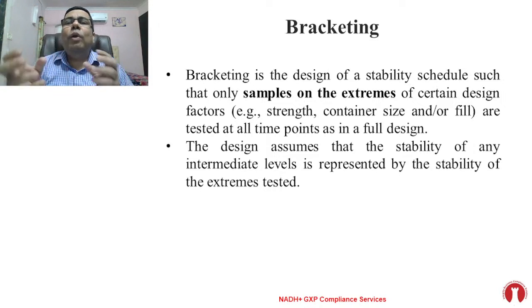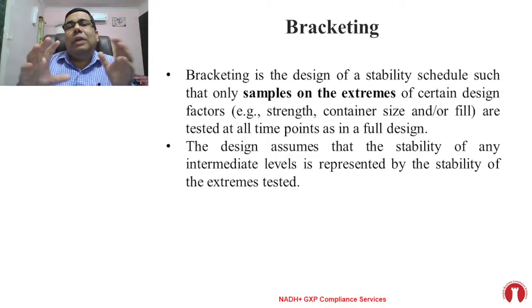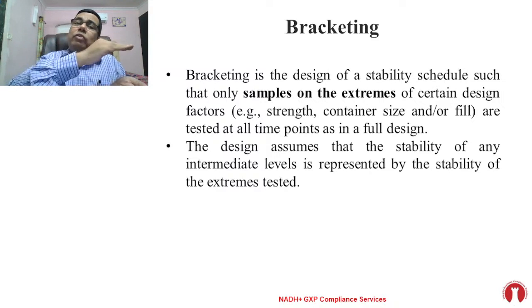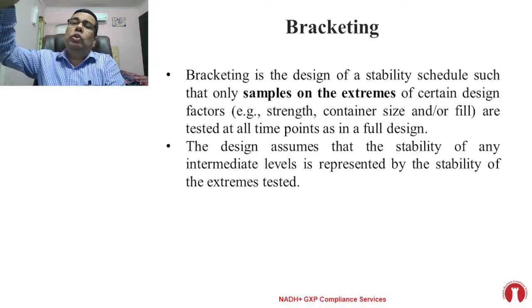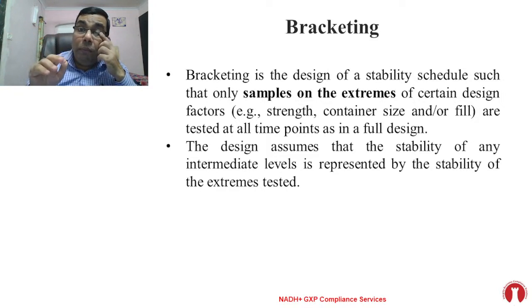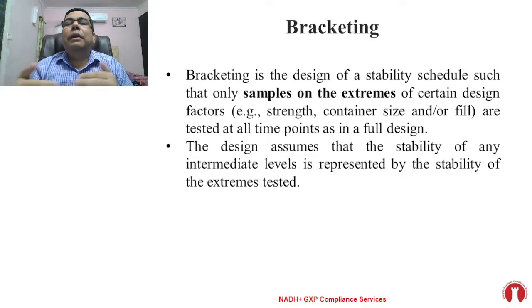So this point we have to consider. The design assumes that stability of any intermediate level is represented by the stability of the extremes tested. That means if I am testing the smallest dose and the largest dose, then it is assumed that the intermediate dose will comply. That is the expectation, or clarification, given under bracketing.